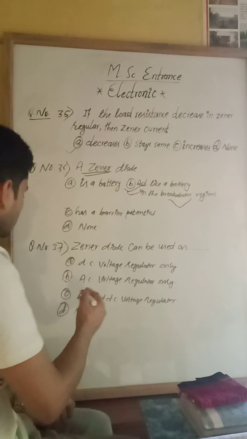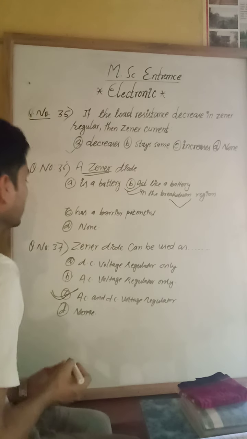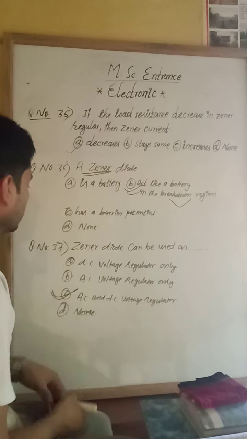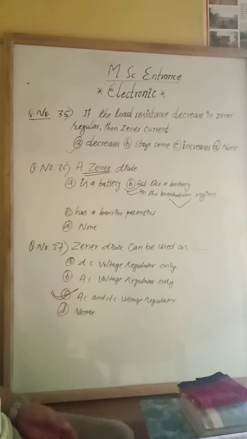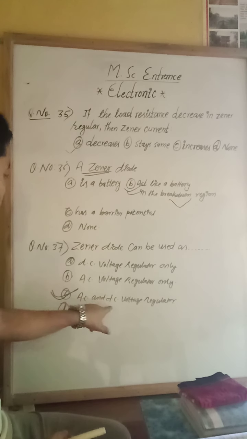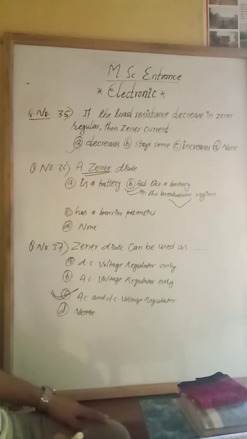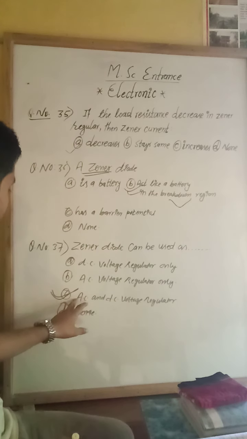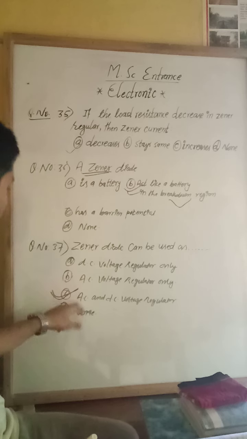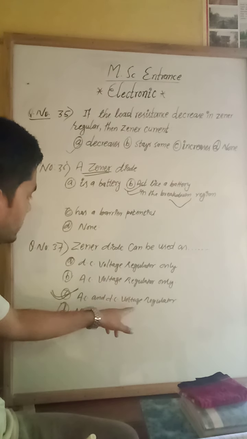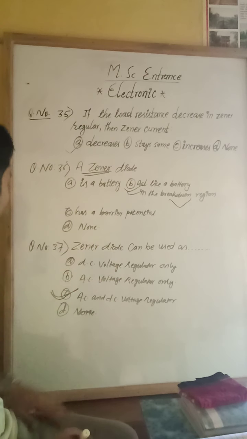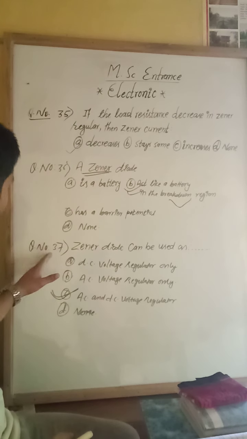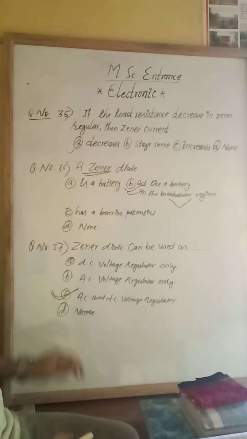The right answer is option number C. Yes, Zener diode can be used as an AC and DC voltage regulator, where we need to convert AC to DC and DC to AC voltage, or in general, if there is a need for an AC and DC voltage controller or regulator, there we should use a Zener diode. This is option number C.